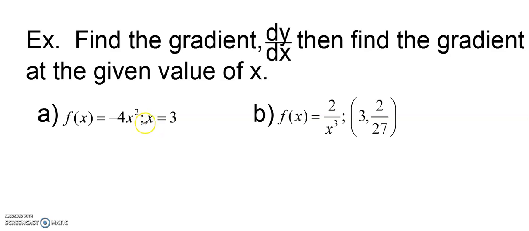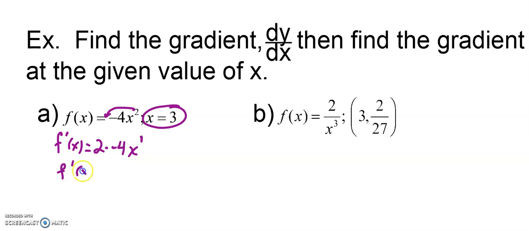So I'm going to hold off on this for now. I'm just going to find the derivative. So the derivative of this, using the power rule, says bring the 2 to the front, so 2 times negative 4x, and then you have to subtract 1 from 2, so 2 minus 1 is 1. So my derivative is going to be negative 8x.